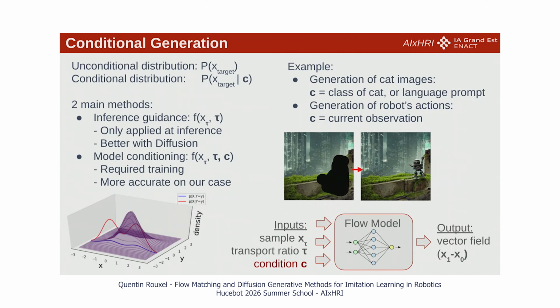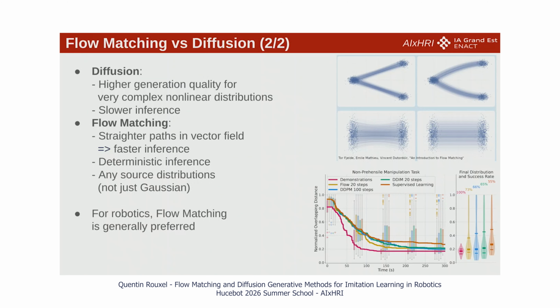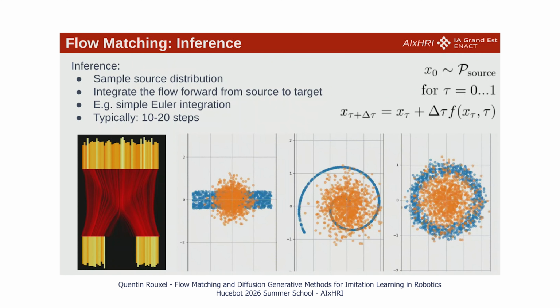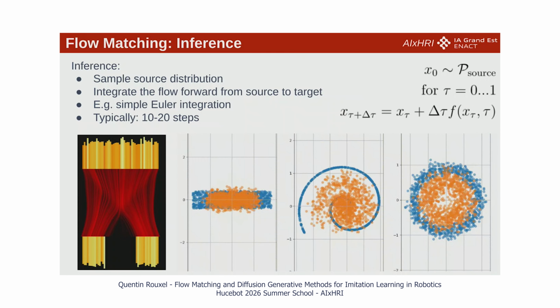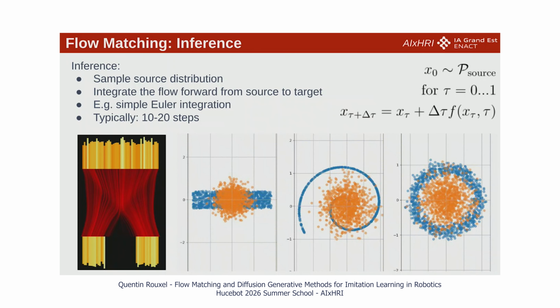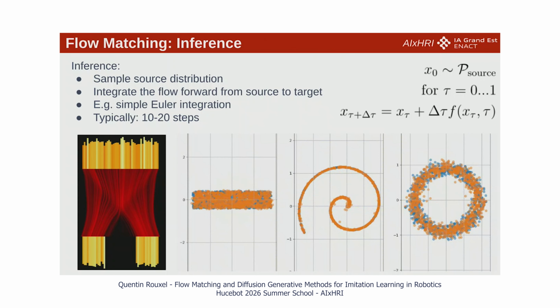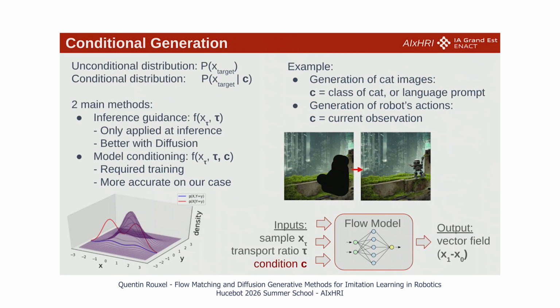Another point I really wanted to explain is that there is a big difference between unconditional and conditional distributions. The distributions we are talking about here are unconditional, which means we just have a source to target distribution that does not have any other condition. When we do robotics, we often want to consider not just the probability distribution, but the probability distribution conditioned on some element.